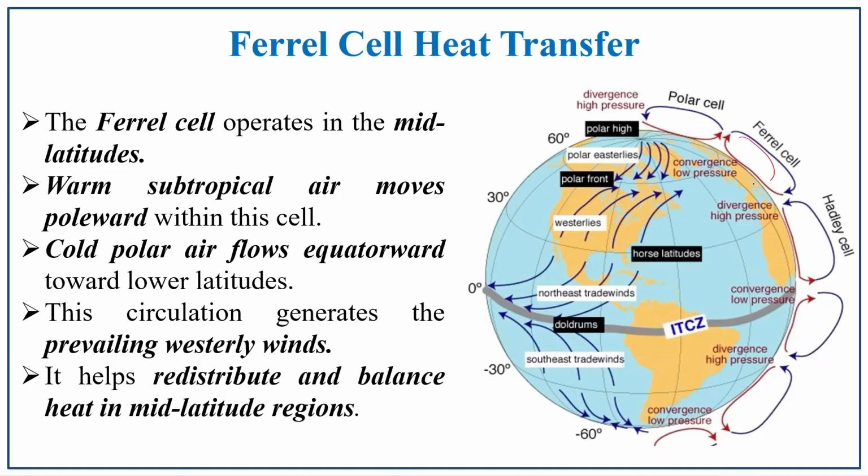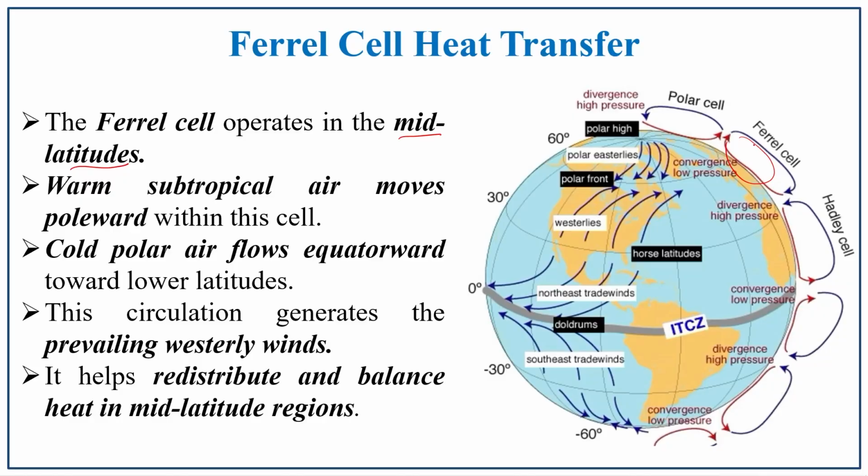Ferrel's cell. The next cell is Ferrel's cell, that is, it operates in the mid latitudes. The mid latitudes are the latitudes of mixing, where warm and cold air masses meet. That cell is Ferrel's cell. The warm subtropical air moves poleward, and the cold polar air flows equatorward.